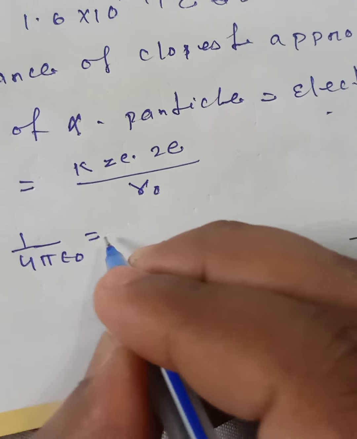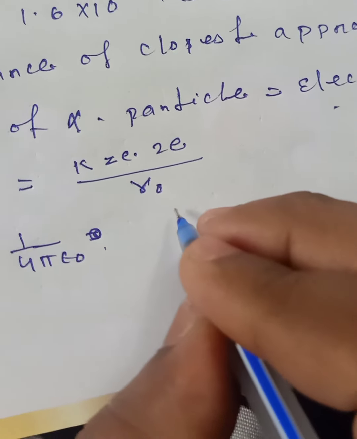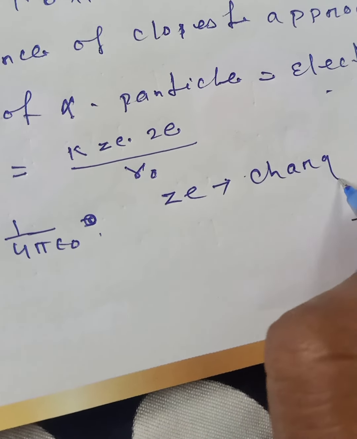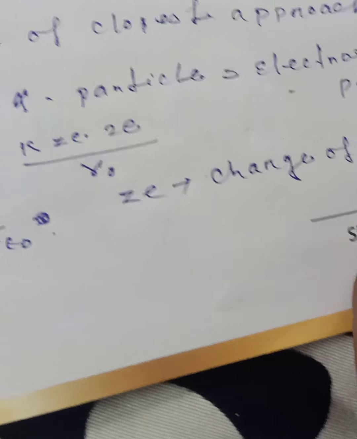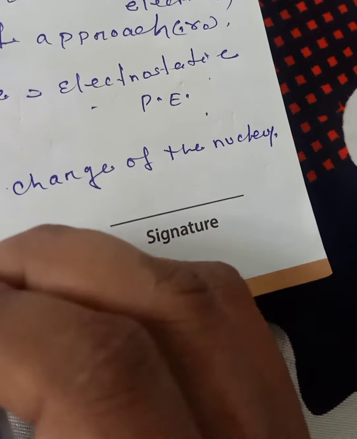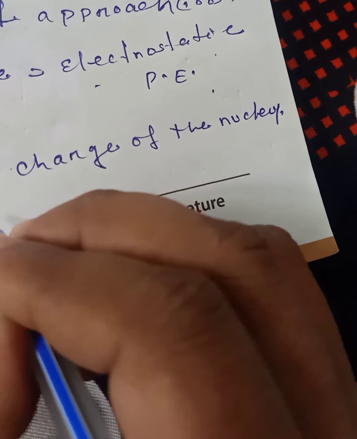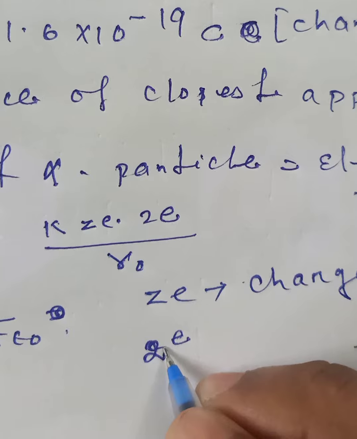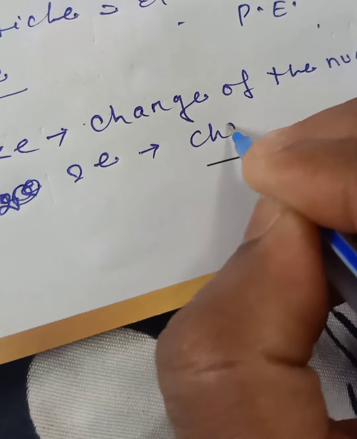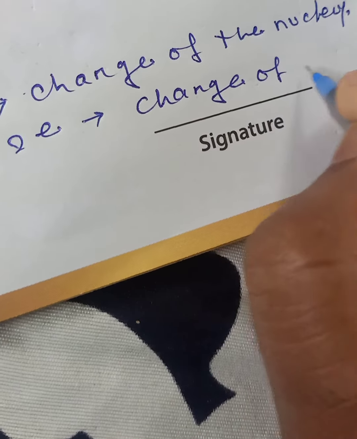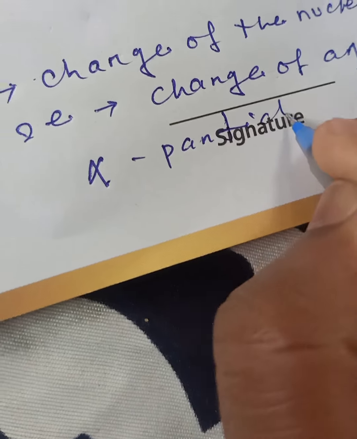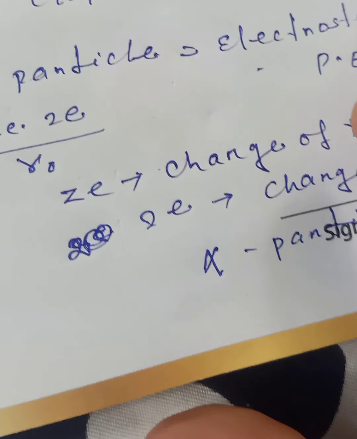Ze means the charge of the nucleus, and 2e means the charge of an alpha particle.